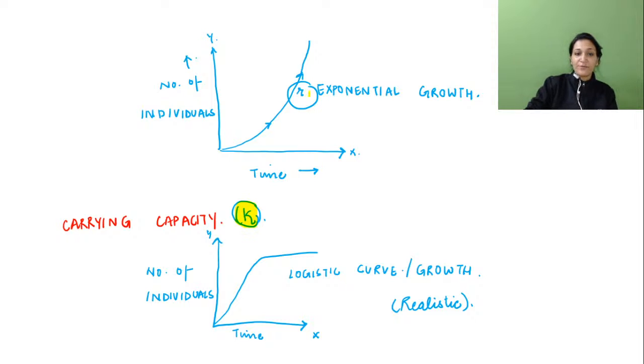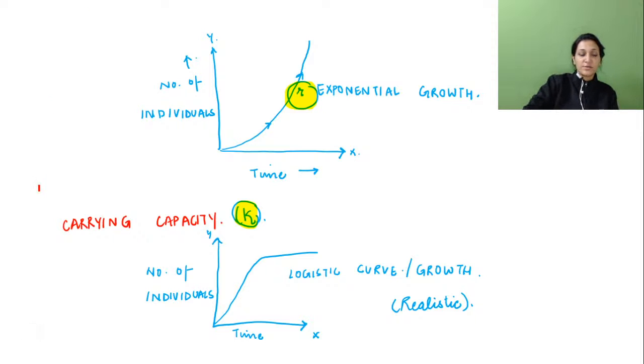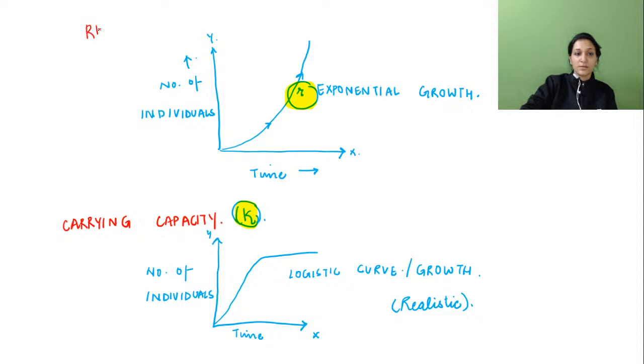So this is the graph for K, that is the carrying capacity, and this is the graph for rise in population. You could write over here, rise in population.